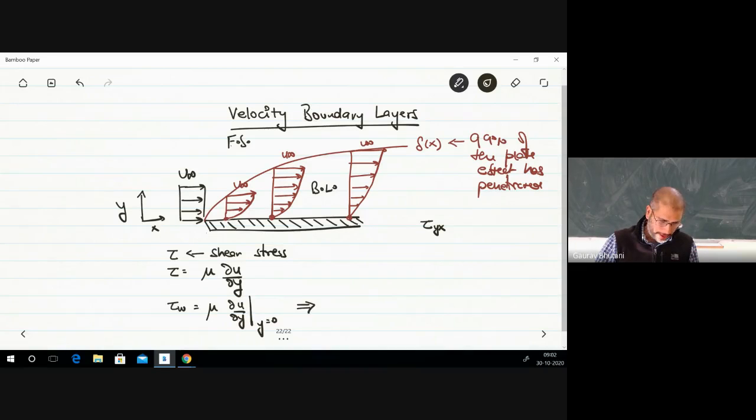And this is then used to calculate your skin friction coefficient, which is simply a non-dimensionalized form of the wall shear stress. So you divide the tau wall by half times the density of the fluid times the free stream velocity squared.